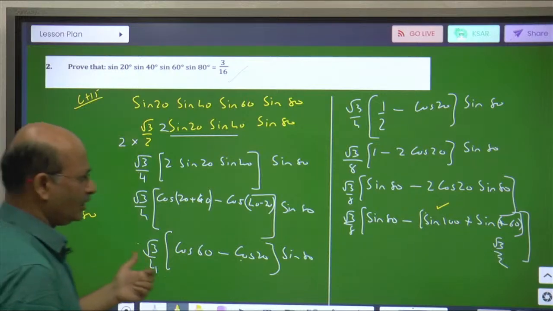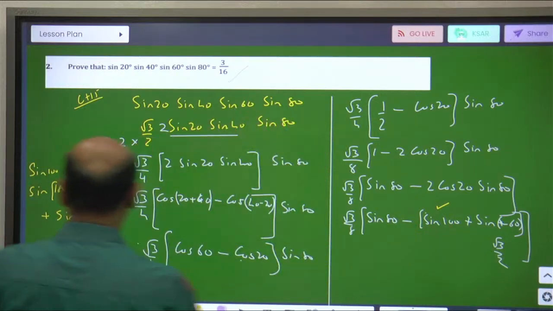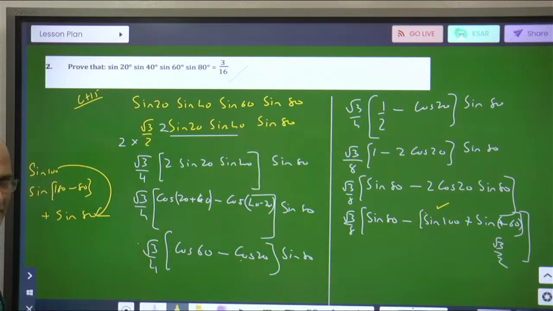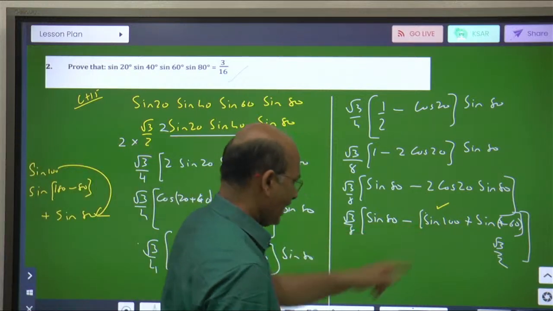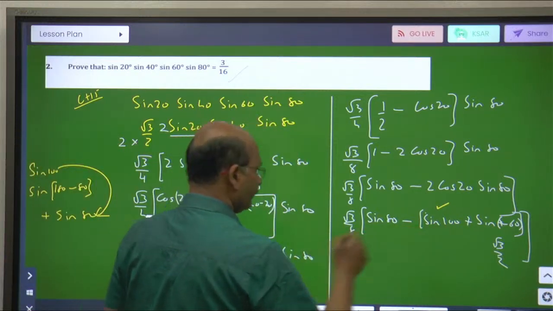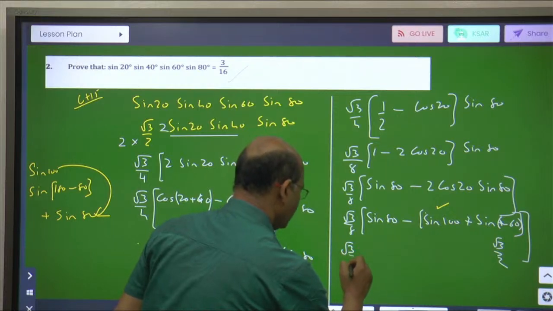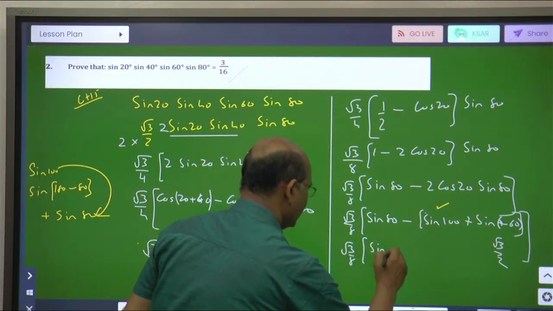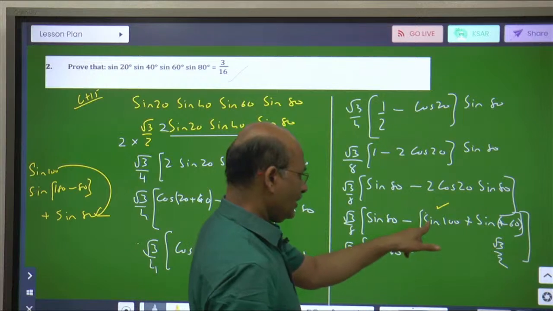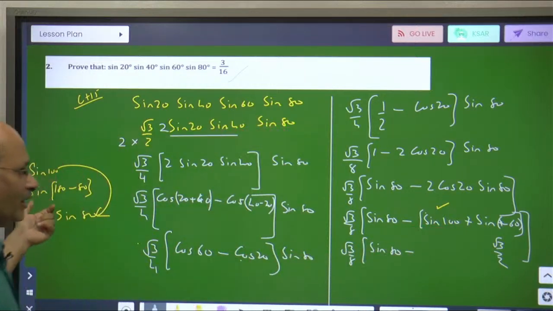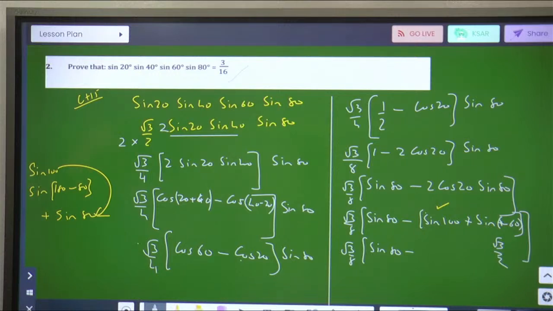So sin 100 is same as sin 80. So from here I can say root 3 by 8, this is sin 80 minus this sin 100, just now I calculated, what is it? Is it 3 by 16?